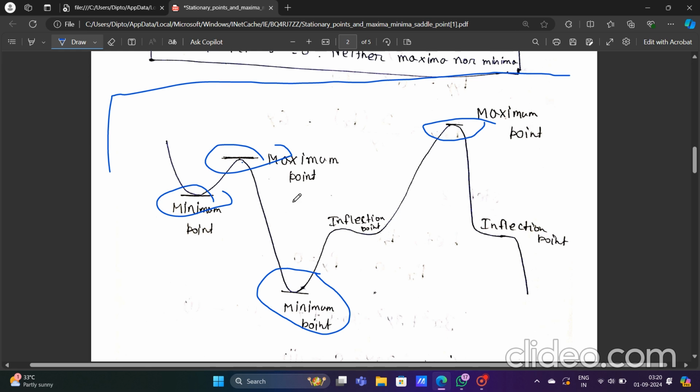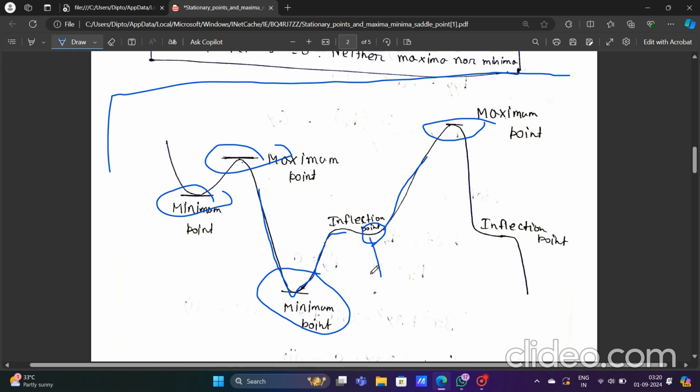As you can see, this graph is concave down. If I tell from this perspective, from this part of the curve, then this part of the curve is concave down. But at this point, if I just mark this point, after this point the curve is concave up.